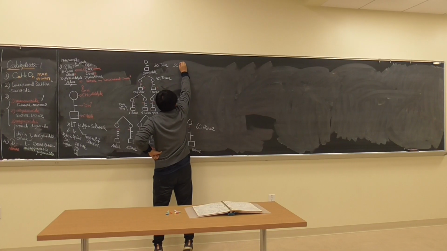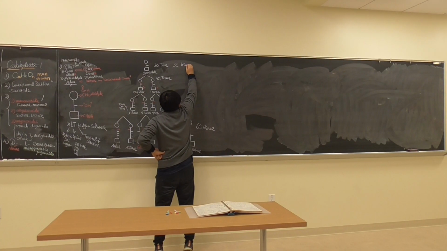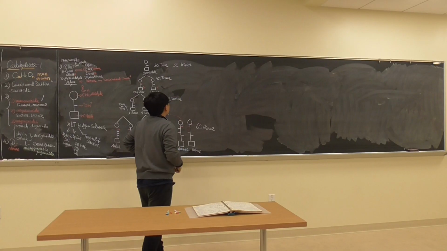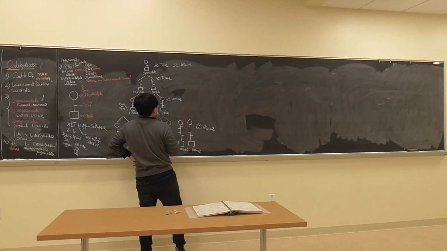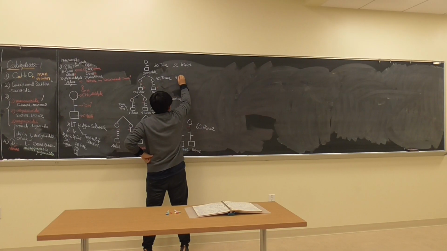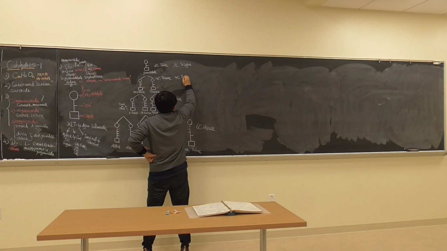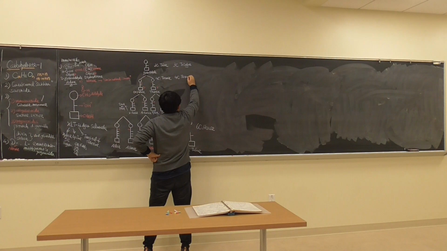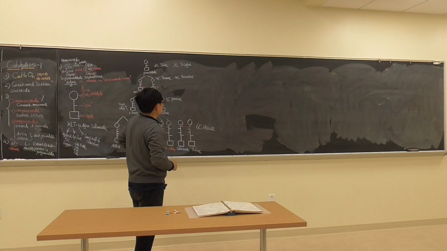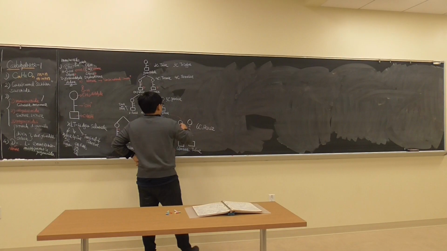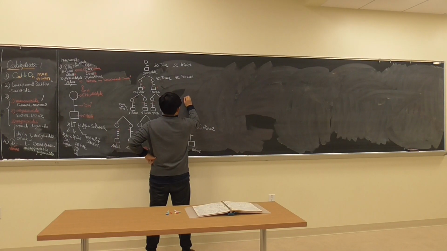3 carbon ketose is triulose. Tetrose, if it's 4 carbon ketose, called tetrulose. Pentose, if it's ketose, what do we call it?